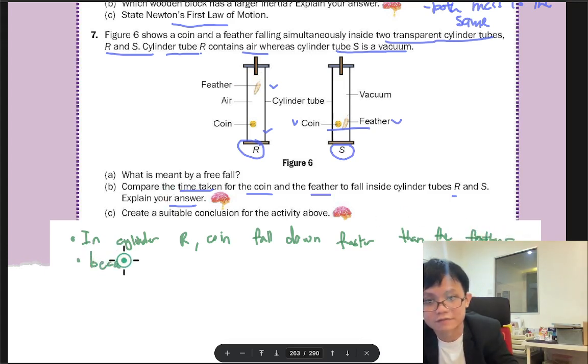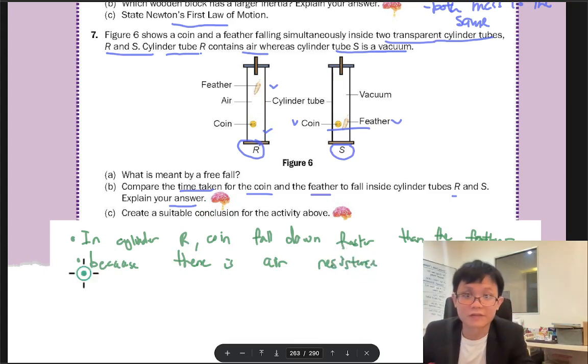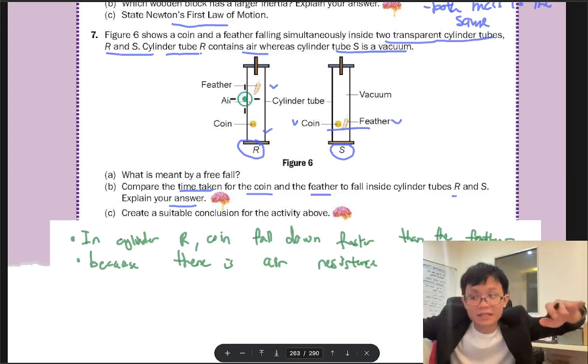Because what? Because there is air resistance. Because the air blocks the feather. Because the feather has a big surface area, so it will fall slowly.